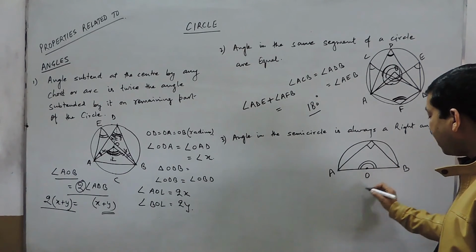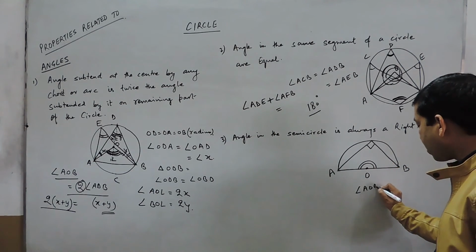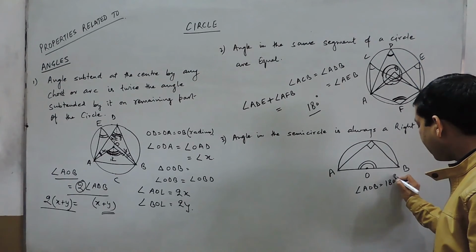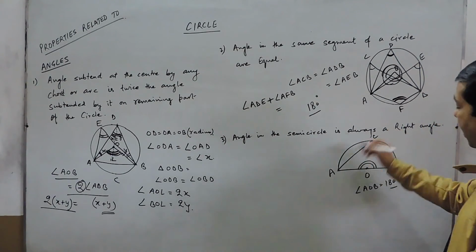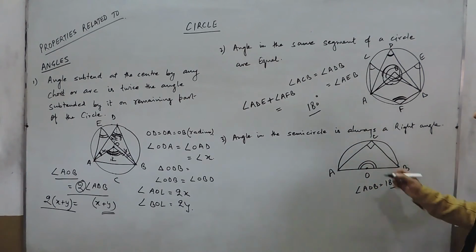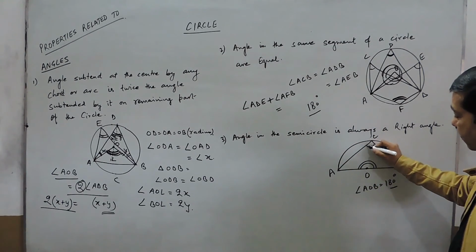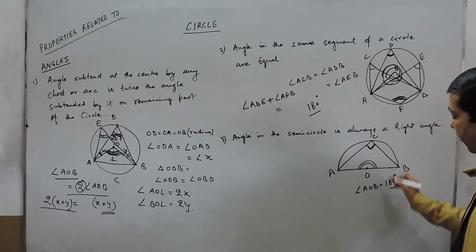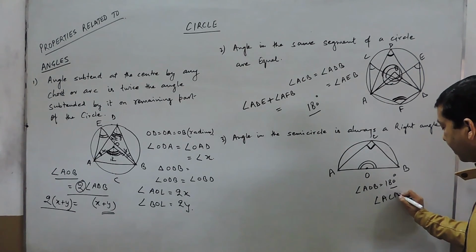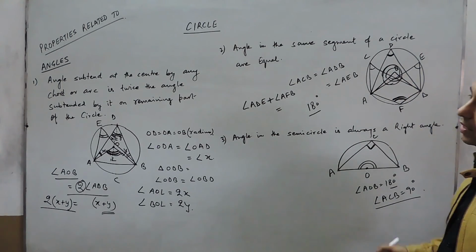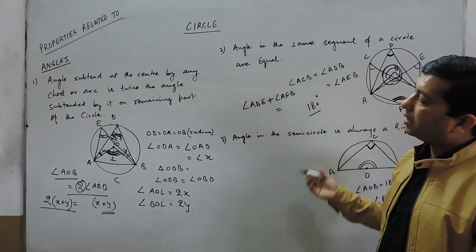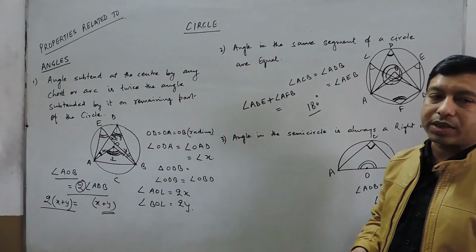Here it is a straight line, so angle AOB is equal to 180 degrees. So any angle made on the other segment of the circle must be half of this angle. Definitely angle ACB is equal to 90 degrees. This is another property related to angles, and in the next one we will discuss questions based on it.